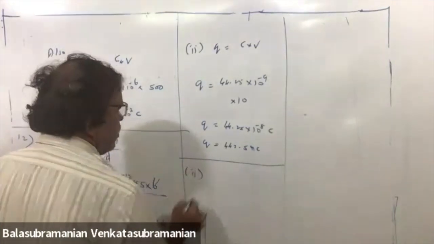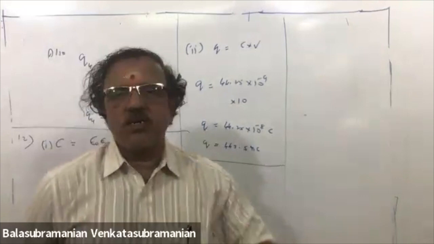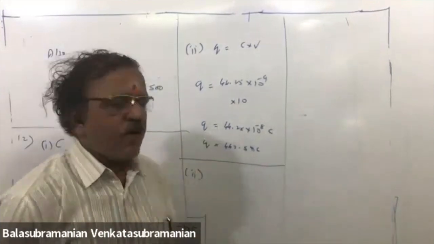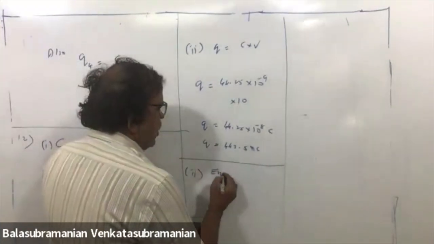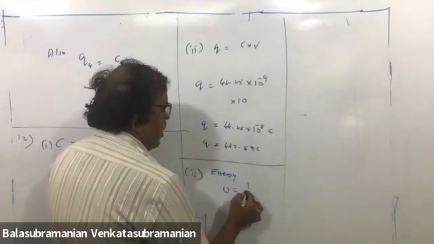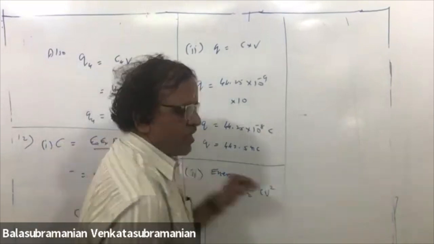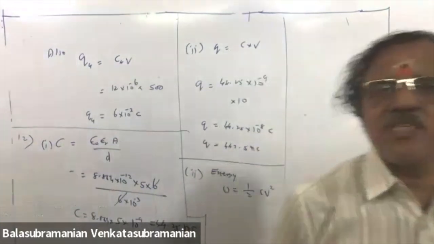Third, what is the energy stored? What is the energy stored formula? Energy U is equal to half CV square. Basic formula.